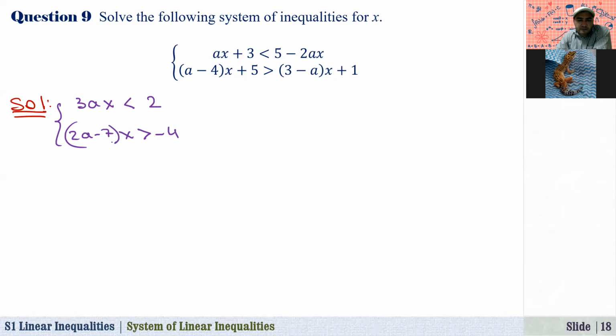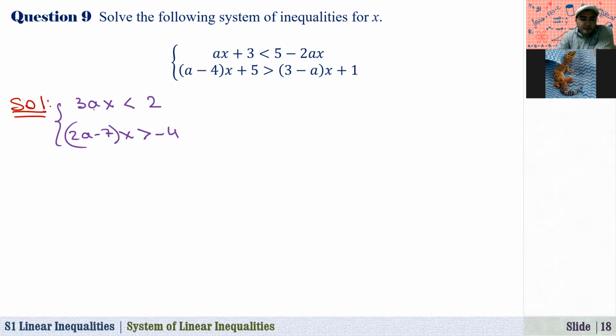2a minus 4 minus 3, it is 7a plus a. 2a minus 7. Okay, that's correct. Nothing is wrong. All right. So now we have 3ax, right, and less than 2. So now I will just consider where this a and the 2a minus 7.